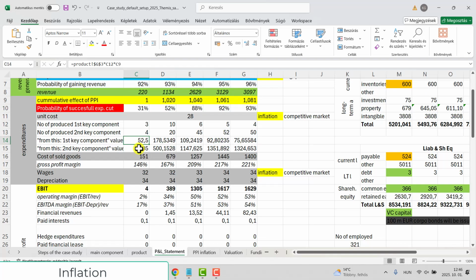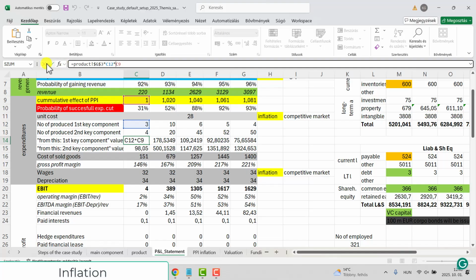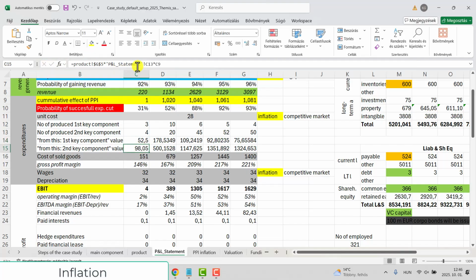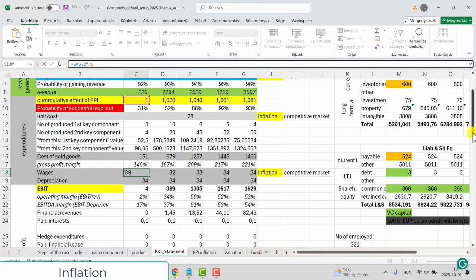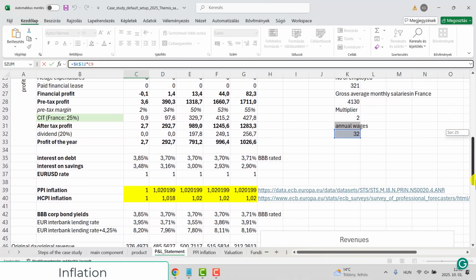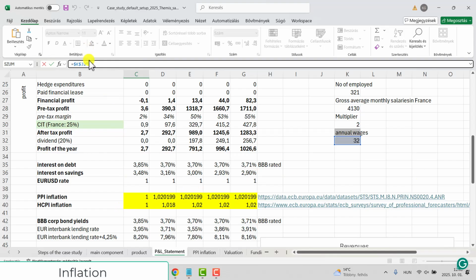should C9. Yeah, it refers on C9, so it's good. Also it refers, but wages, now it's not C9, it should be HCPI. So instead of this one, now it should C40.